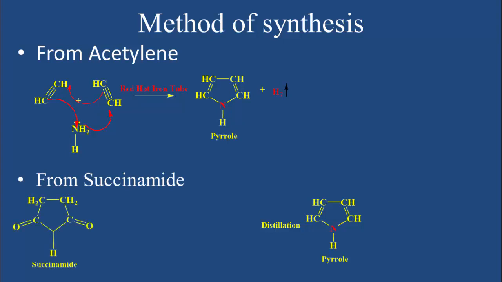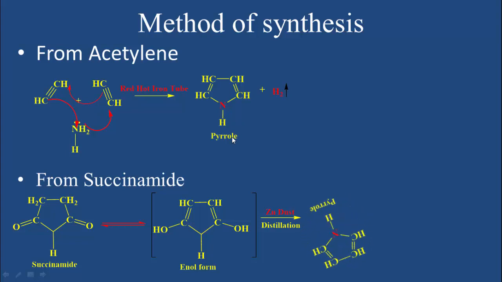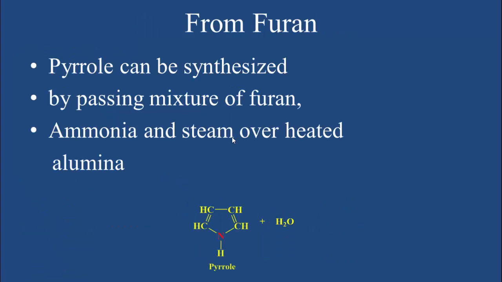Then another method of synthesis of pyrrole is from succinimide. This is the succinimide. Succinimide first undergoes enolization. This is the enol form of succinimide, and this enol form on dry distillation in presence of zinc dust gives the formation of pyrrole.